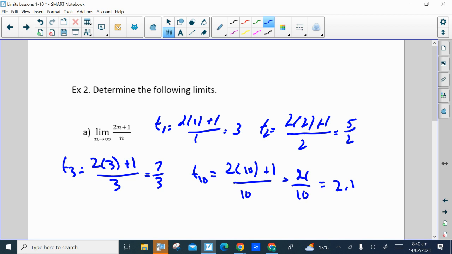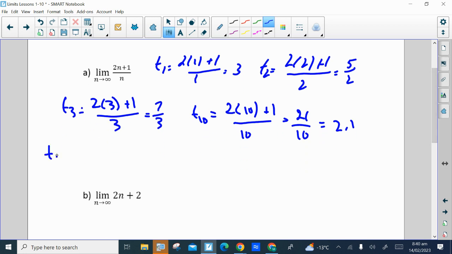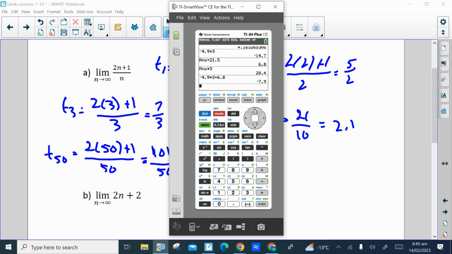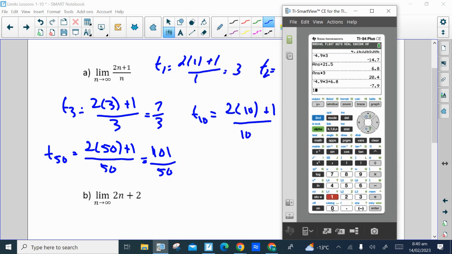So the values of the expression, as n gets larger and larger, went from 3 down to 2.5, down to 2 1/3, down to 2.1. If we found, let's say, term 50, it would be 101 over 50, and 101 over 50 is 2.02 exactly.